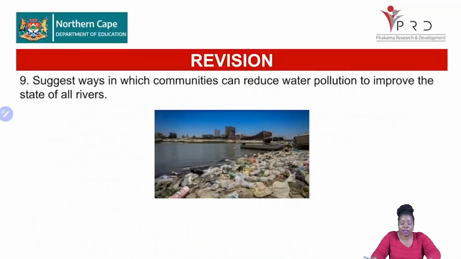Says, suggest ways in which communities can reduce water pollution to improve the state of all rivers? Right, let's answer question 9, then we can move on to the solutions.